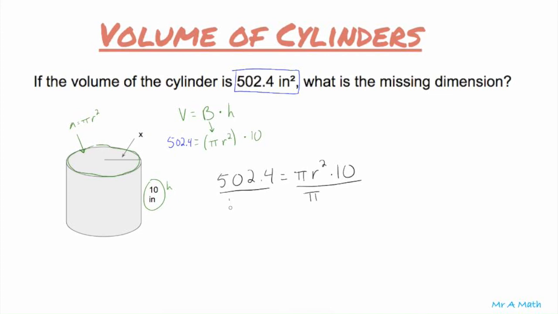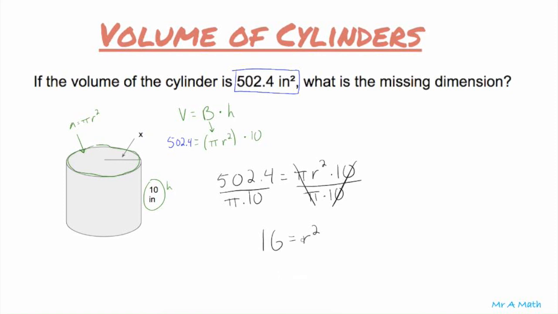But I also need to divide the other side. And then I also need to divide this side by 10, and the other side by 10 too, since it's an equation. So the 10s will cancel, the pi's will cancel, and I'm left with r squared is equal to whatever 502.4 divided by pi times 10 is. So I should get r squared is equal to 16.